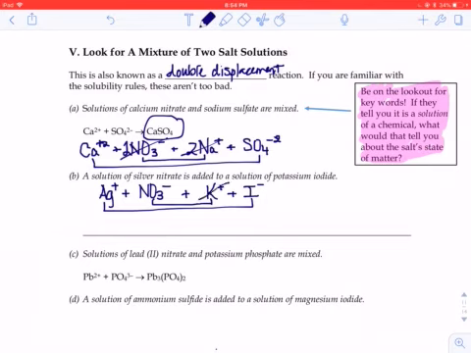So they're going to end up being spectators in the course of this reaction. Now, silver iodide, on the other hand, is insoluble. It's a solid. So our net ionic equation that we would write, Ag plus and I minus, come together to make AgI.